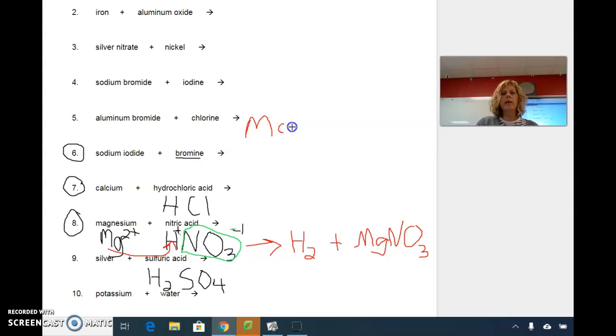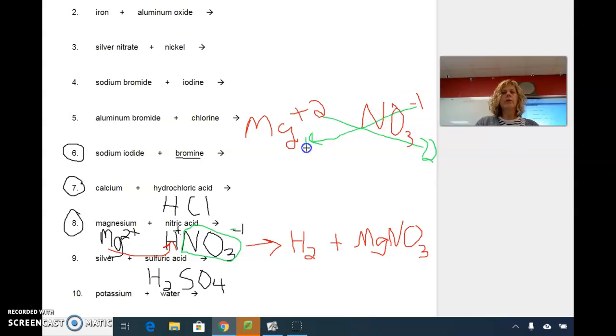So remember, I'm combining magnesium with a +2 with nitrate. That's a -1, and NO3 is a -1 charge. So I'm going to use that crossover method, but I don't want it to look like I have 32, right?